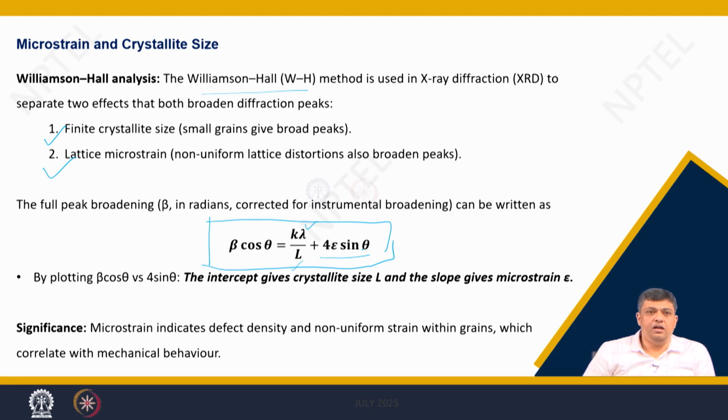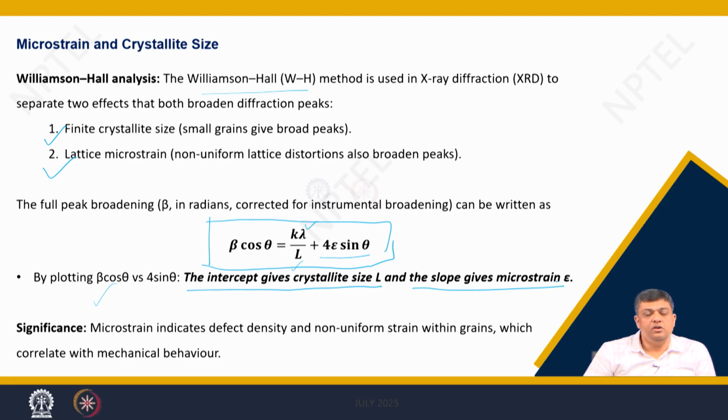And from here, by plotting the curve of beta cos theta versus 4 sin theta, the intercept will give you the crystallite size L and the slope will give you the microstrain epsilon.